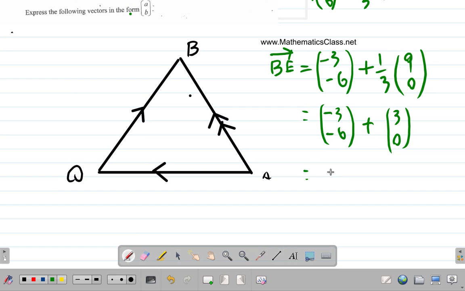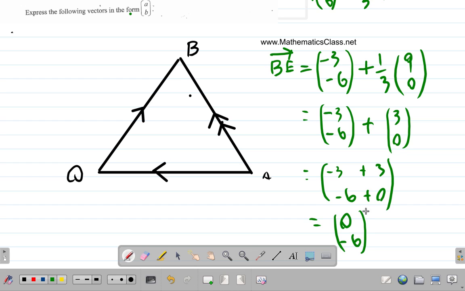Do you see that? So, we have -3 plus 3, negative 6 plus 0. Negative 3 plus 3 is 0. Negative 6 plus 0 is negative 6.